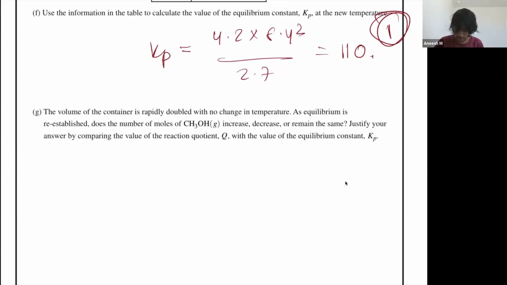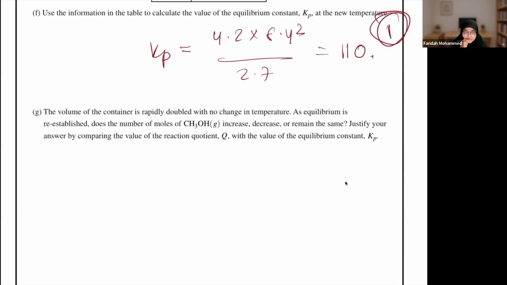When volume is increased, pressure is decreased. When the pressure is decreased, the reaction proceeds to the side with the most moles of gas. And Q is less than K because the pressures of the products are decreasing. The reaction will use up the CH3OH to reestablish equilibrium.